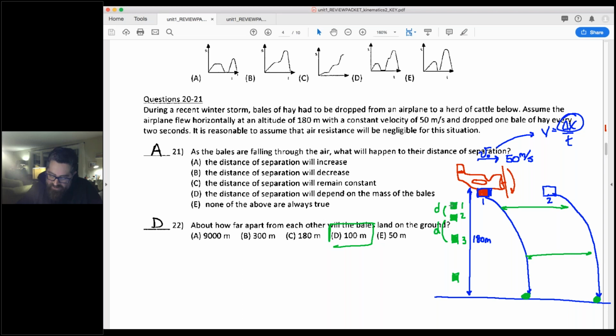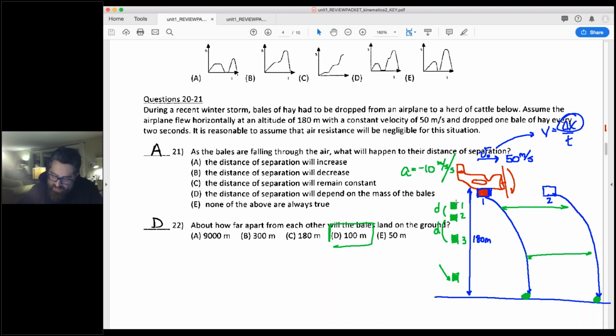And the reason is, and by the way, we did see this with the water drops and the strobe lights. The first hay bale that's released, which ends up being down here, is moving downward at some velocity. Let's say it's every second, just to make things easier. Acceleration is -10 meters per second squared.